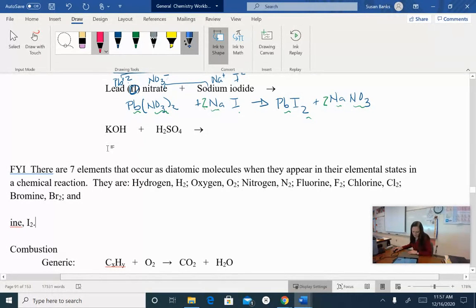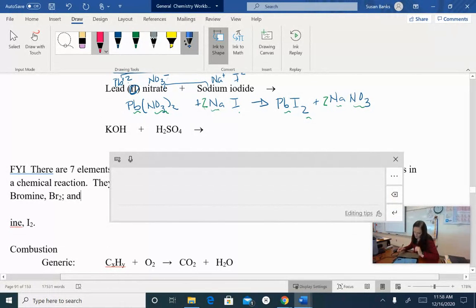I see that I'm killing this word right here. Okay. And it's still not going to let me write.